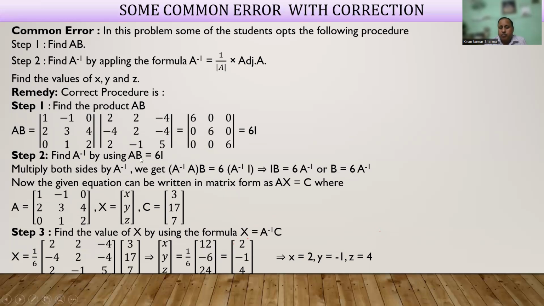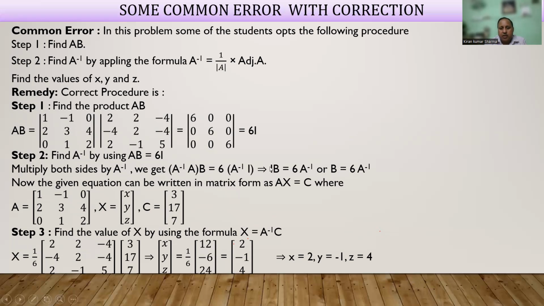So when the product of two matrices is I, then one is called the inverse of another. So from here, we can find that A inverse is 1 by 6 B, or B inverse equal to 1 by 6 into A. So we simply see what is given in the equation. Equations are written in the form of AX equal to C. A means already this matrix is given.